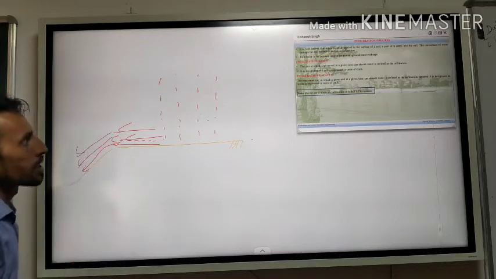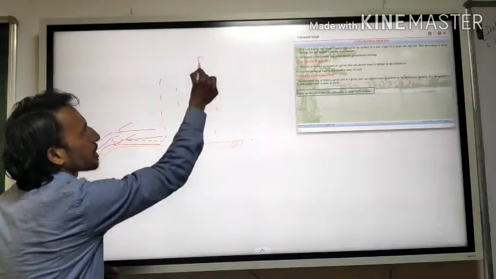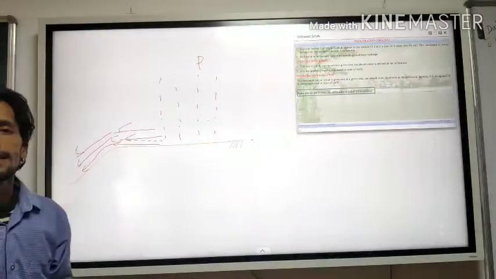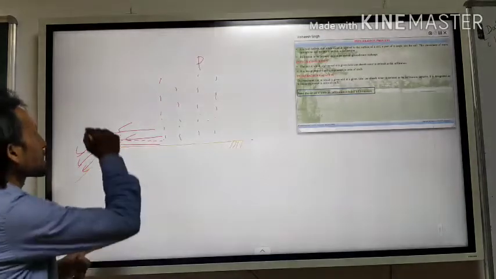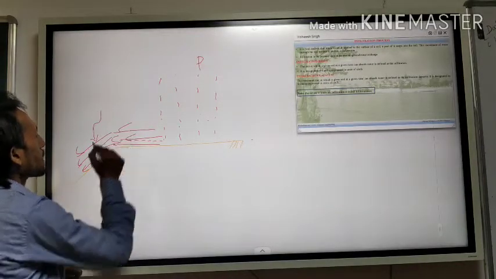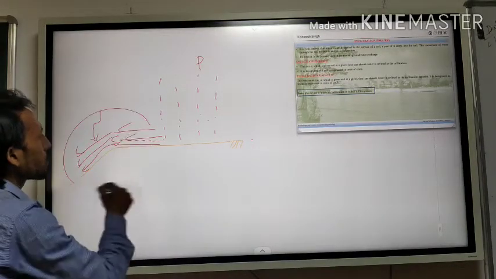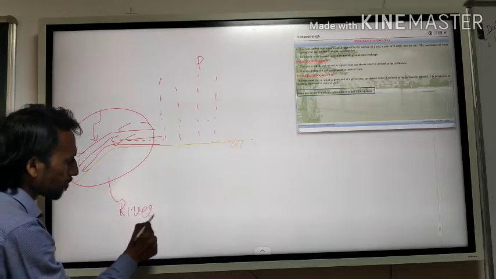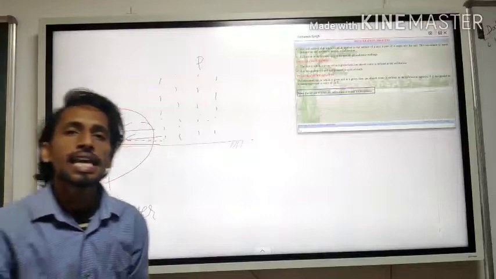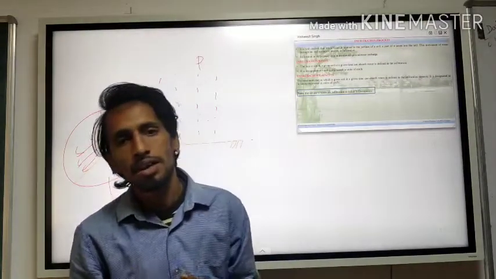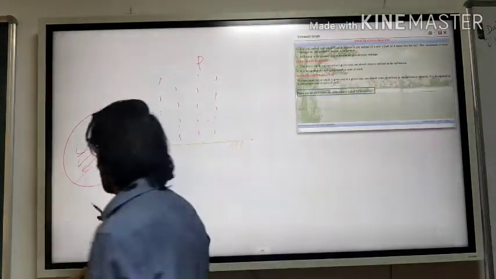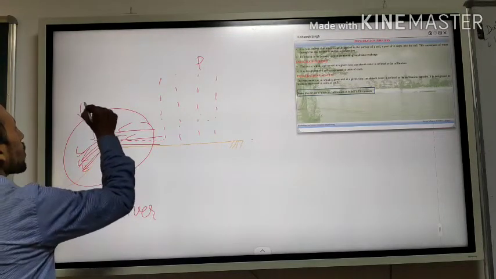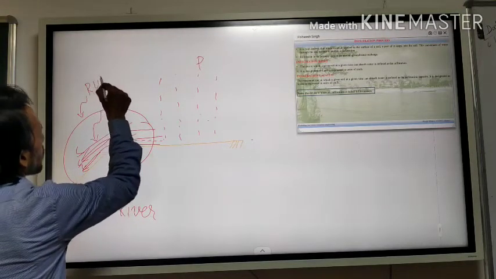This is your precipitation, and the water which started flowing like this will finally meet the river or some stream. So this water is called your runoff.